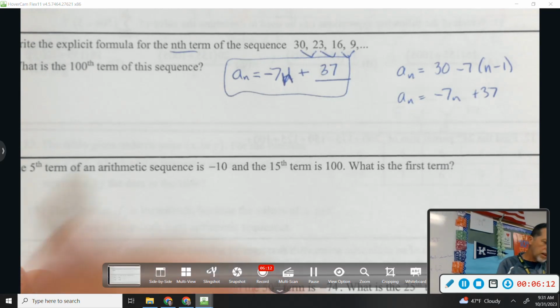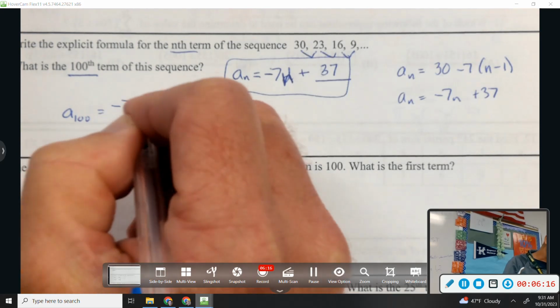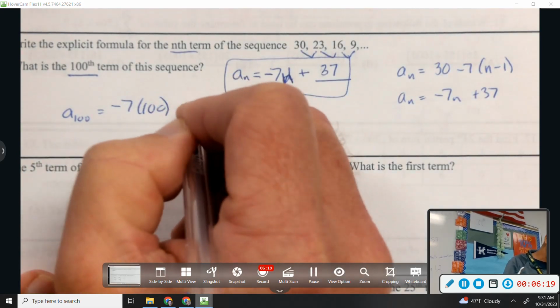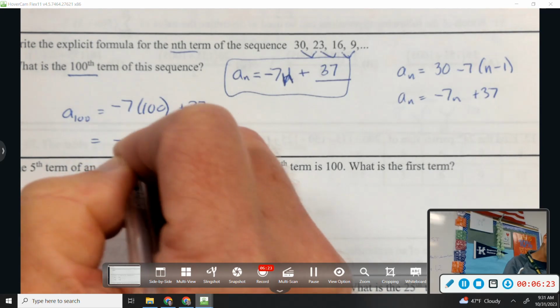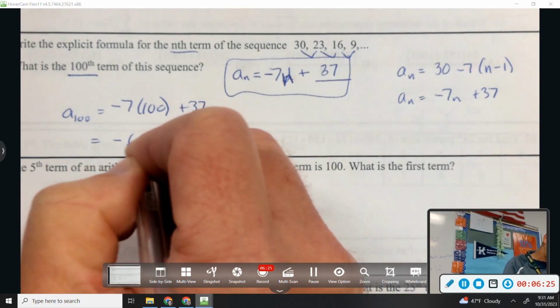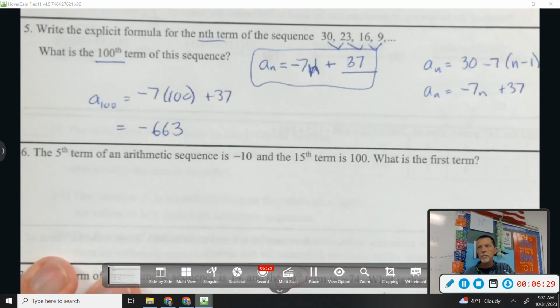Not quite done because we need the 100th term. So negative 700 plus 37 would be negative 663 for the 100th term. But yeah, apparently the key is wrong on that one.